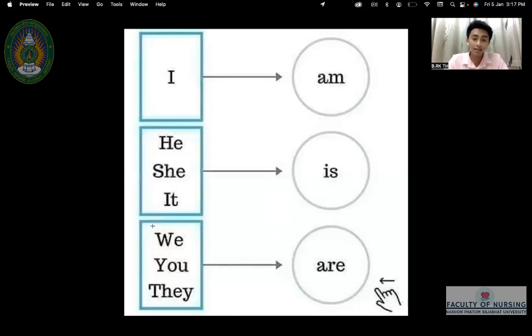Now, you cannot say we is. We is studying. No, you cannot say that. But rather, you say we are studying. Okay? You is studying. No, you cannot say you is, but rather you say you are. Okay? They is. No, that's wrong grammar.